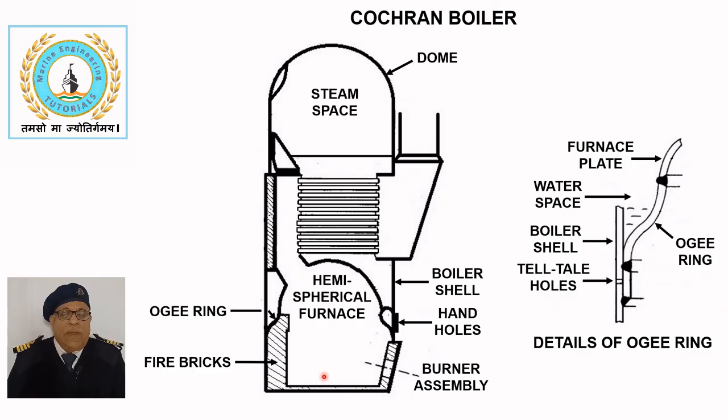The bottom of the furnace is lined with fire bricks, which also enclose the burner assembly. Flue gases pass from the furnace to the combustion chamber, located at the back of the boiler, through a throat.